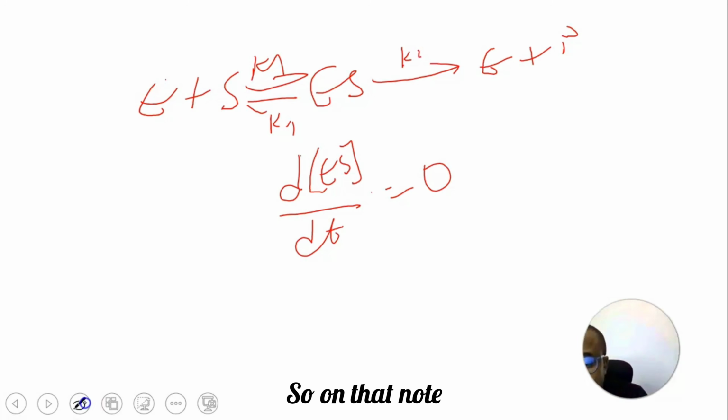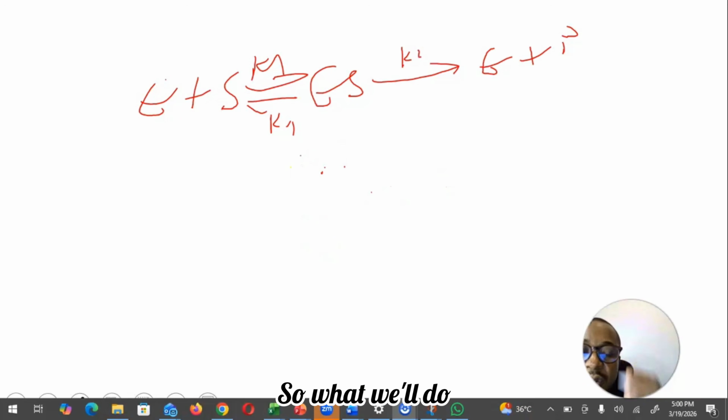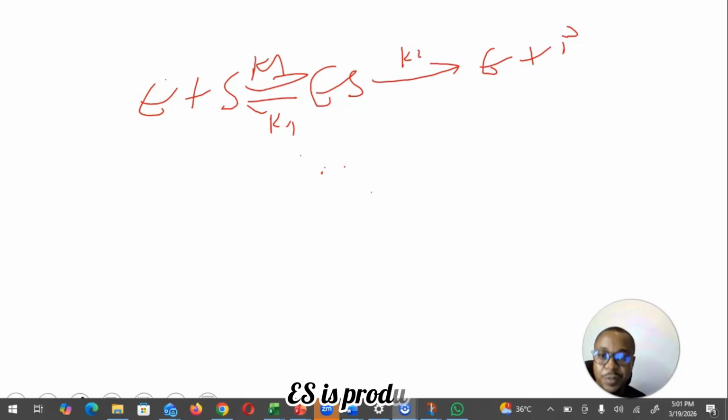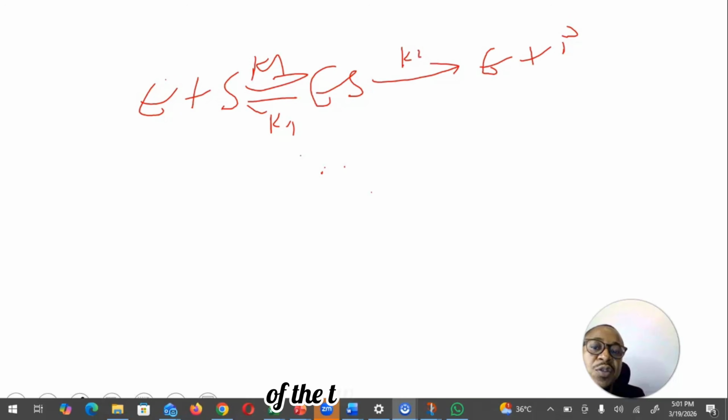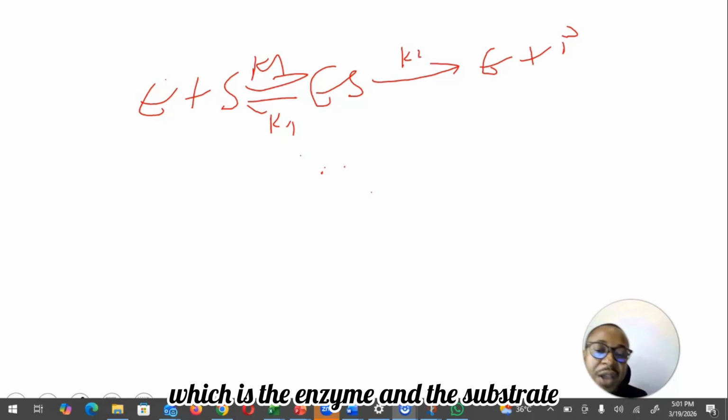So on that note, we'll go to the reaction scheme, which is the K1. What happens to ES in K1? ES is produced. Its production is dependent on the concentration of the two reactants, which are the enzyme and the substrate.